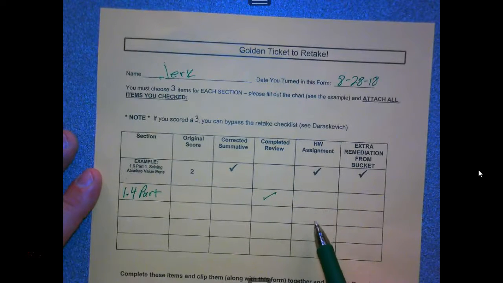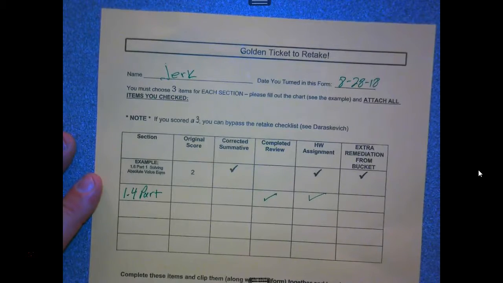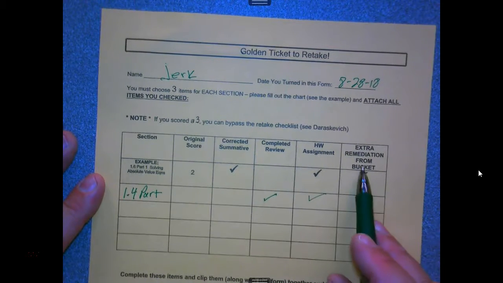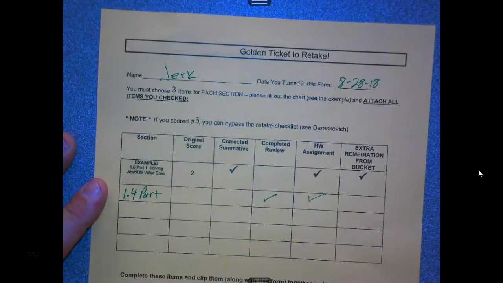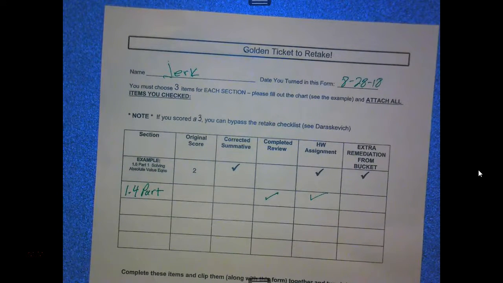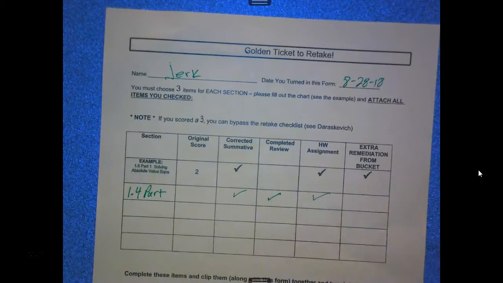Homework assignments, you did all your homework, blah, blah, blah. Hopefully everybody did that. If you got a 1 or a 2, chances are you didn't do the homework. So you're going to have to do the homework. Or an extra remediation from the bucket. What that means is that I'll have another bin for remediation sheets, and you pick one of those. Okay? Only 3 out of the 4 you need. Then turn it in.